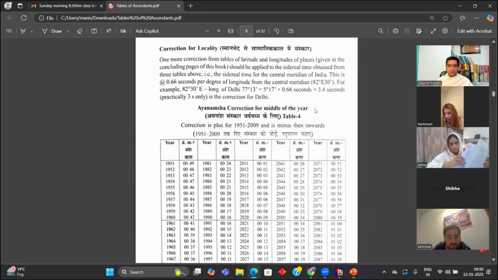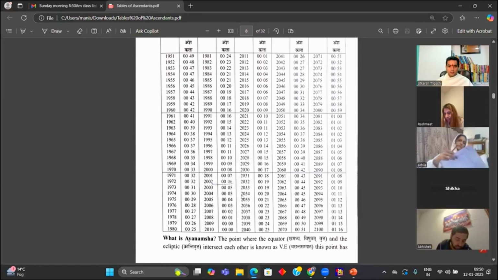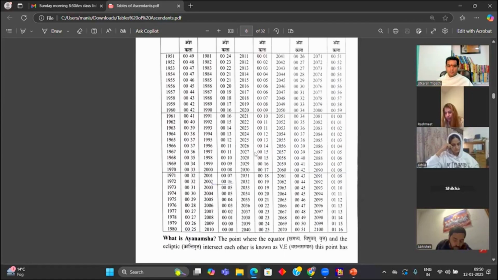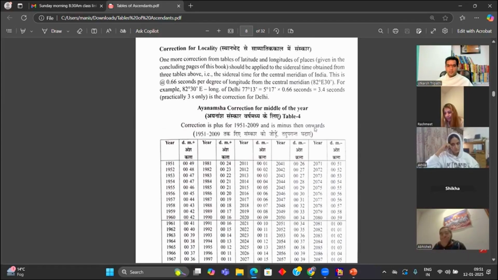Okay, so for the Ayanamsha correction, you see on page number 9, it is given. On page number 9, we see various years, and right next to it, we get degrees and minutes. Over here, for 25, it says 13 minutes.